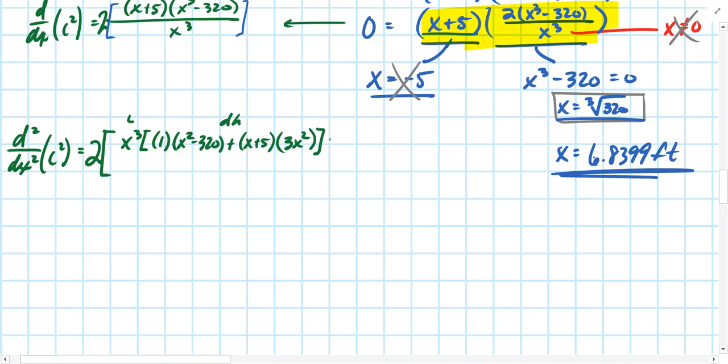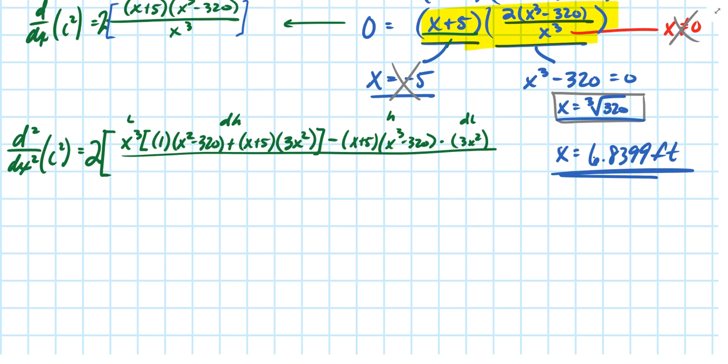Okay, so low d high minus the high function, x plus 5 times x cubed minus 320, times the derivative of the low function. So this is low d high minus high d low. The low function's derivative is 3x squared. And so now we've got low d high minus high d low over low, x cubed squared.